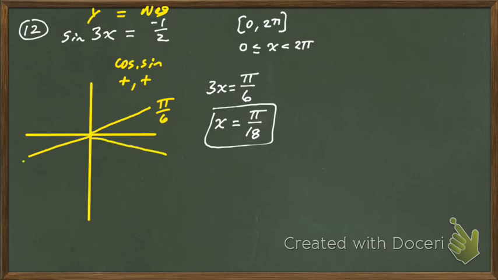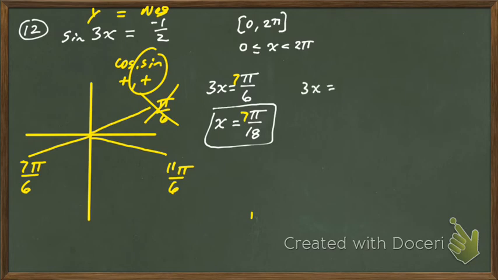Quadrant 3 and 4, right? So could this be 7/6 and 11/6? I think this has to equal 7/6, because if you use pi over 6, it's going to be positive. I need it to be negative. So I believe one of the answers will be 7 pi over 18. Do you agree with that?